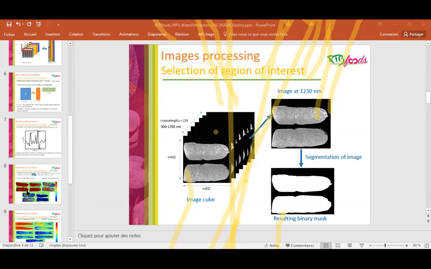You acquire an image, for example, every 10 minutes of cooking, and we can see the difference between the samples cooked at 10 minutes, 20 minutes, 30 minutes, and then you can detect the optimum cooking time.